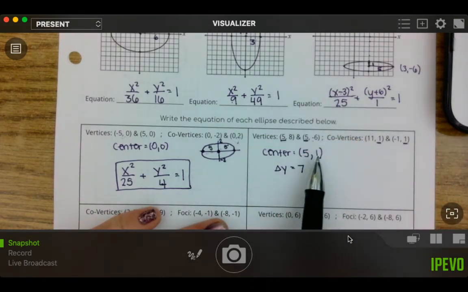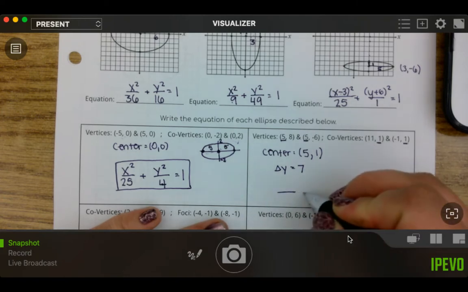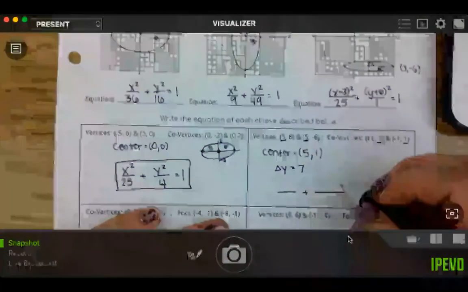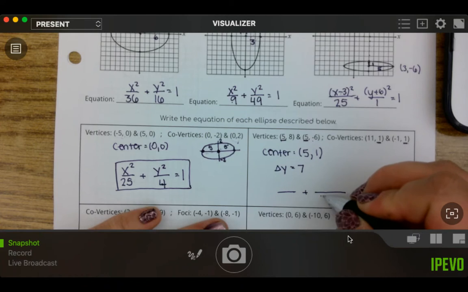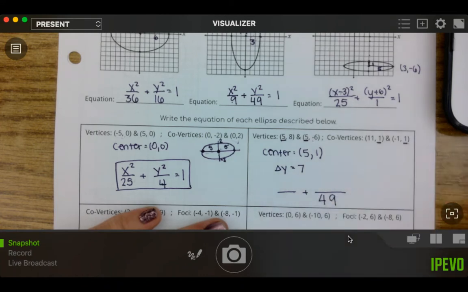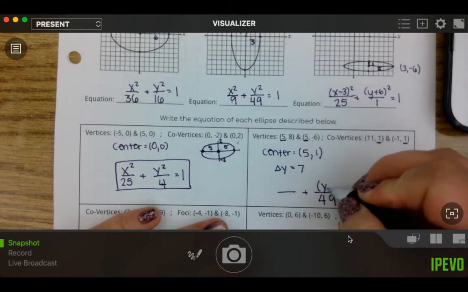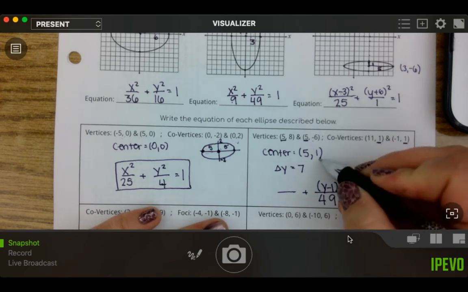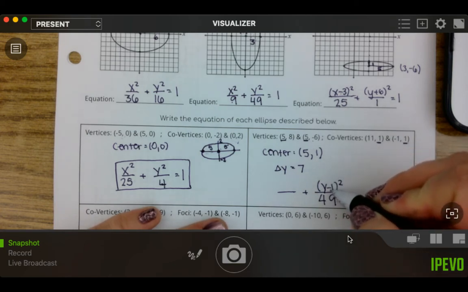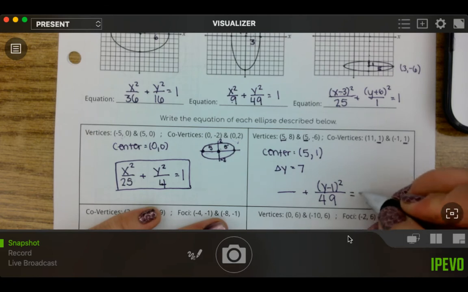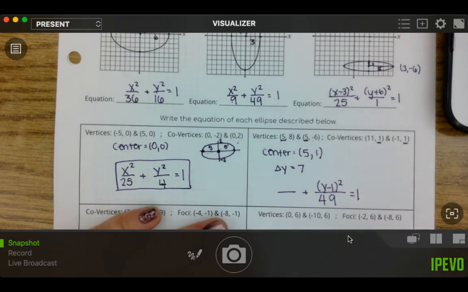Again, here to here or here to here is 7 away. So what that means is on the bottom of my y fraction, I'm going to put 49, 7 squared, and on the top, y minus 1 squared, because that's where the center and the y value is. Go ahead and write my equals 1 because it's always there at the end.